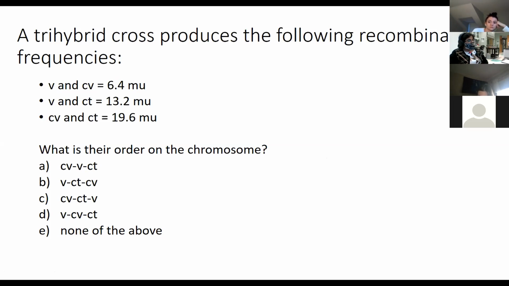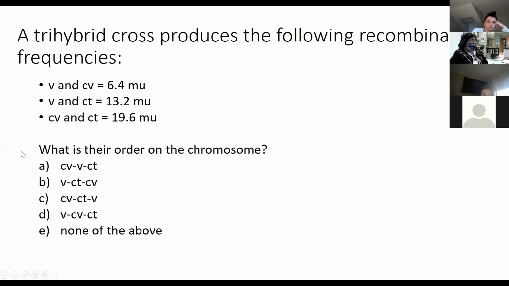A trihybrid cross produces the following recombination frequencies. Between V and CV, we have 6.4 map units. V and CT is 13.2 map units. And then CV and CT, we have 19.6 map units.